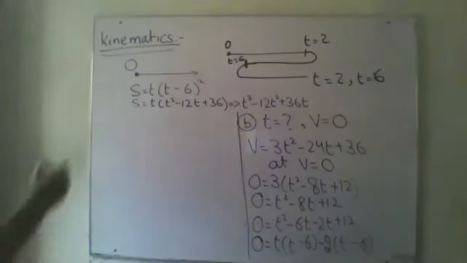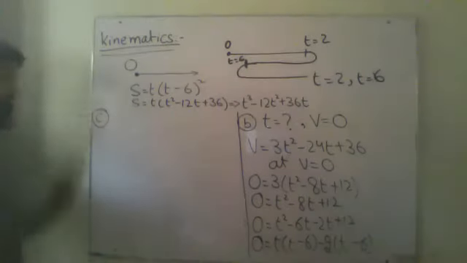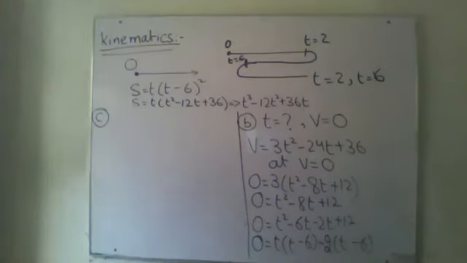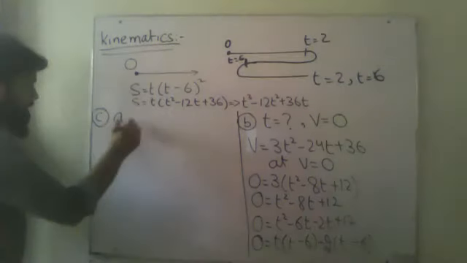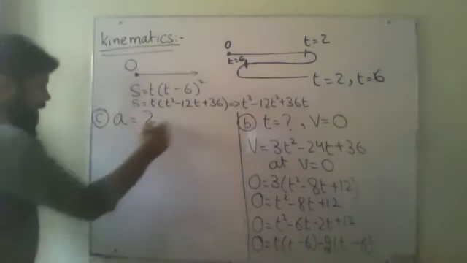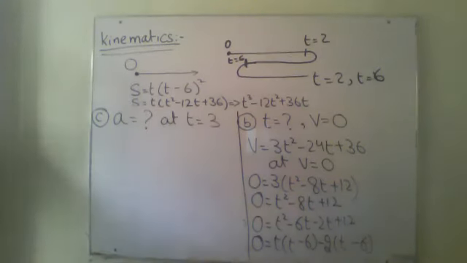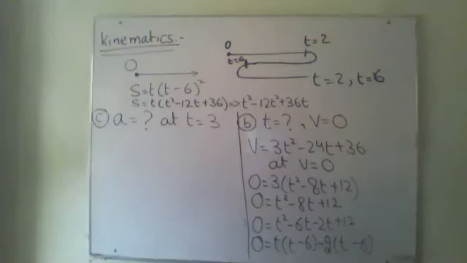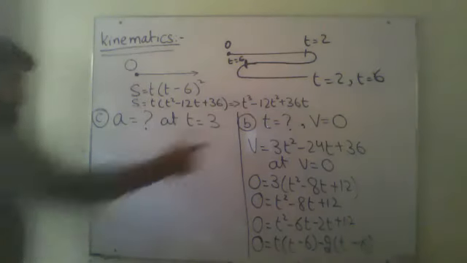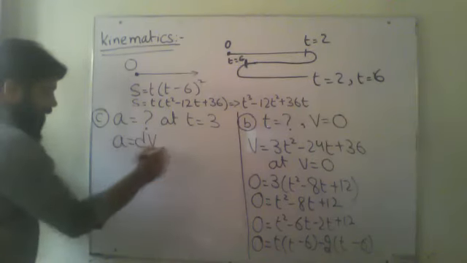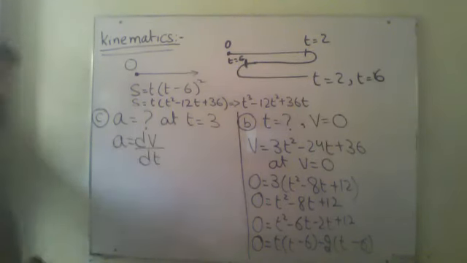Part C of the same question is asking to find the acceleration of P. I have to find the acceleration of P at t equals 3. Okay, this is the last thing I have to find. I know that acceleration is dv over dt.